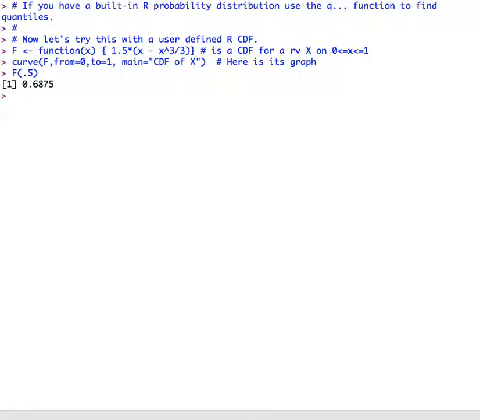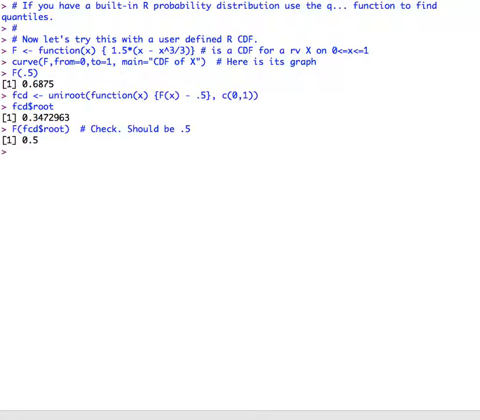Once again, I can use uniroot. This time I don't have a built-in function. So watch how uniroot works. In this case, I know if I use the limits of 0 to 1, I'm going to get an answer because f is only defined in the interval from 0 to 1. And lo and behold, the root is 0.3472.